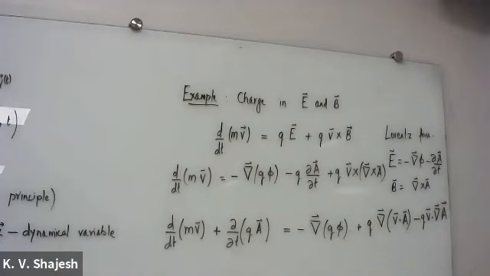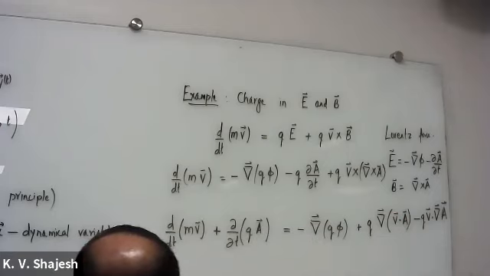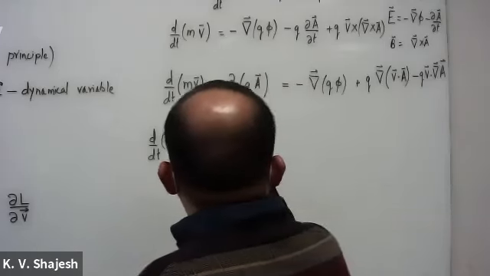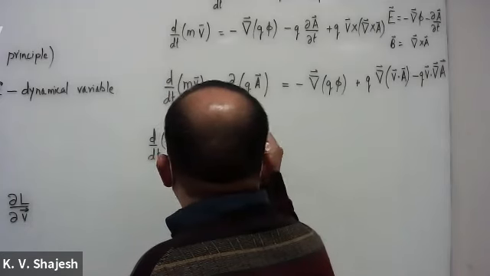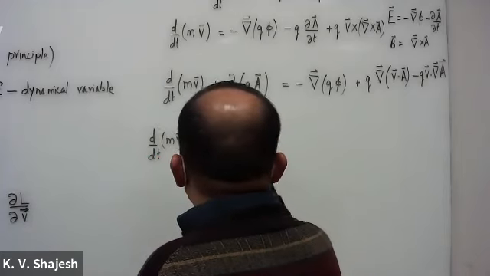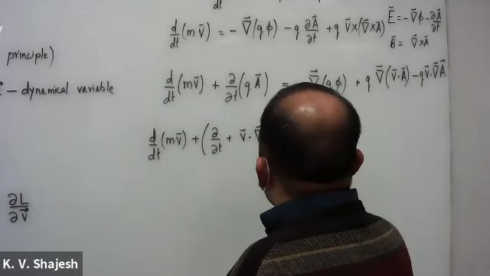Okay, so let me take this piece also to the left. And what we did was, this is the derivative of mass times velocity plus, that's partial derivative plus v dotted with gradient, and this is q times the vector potential.